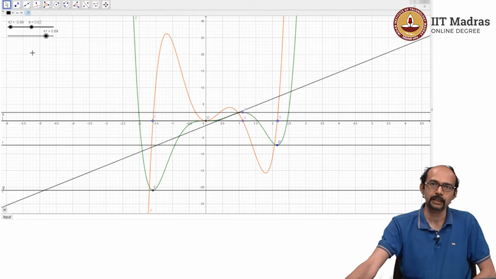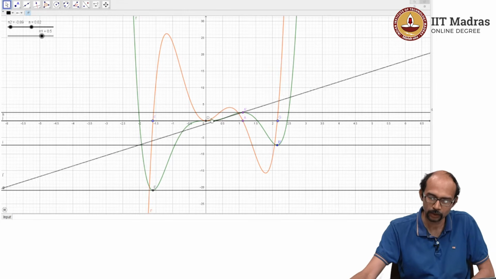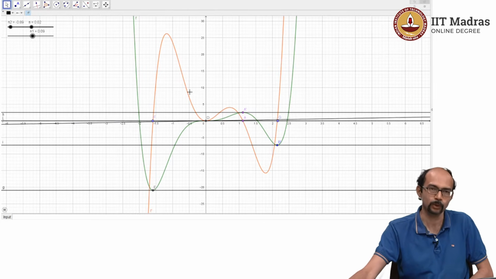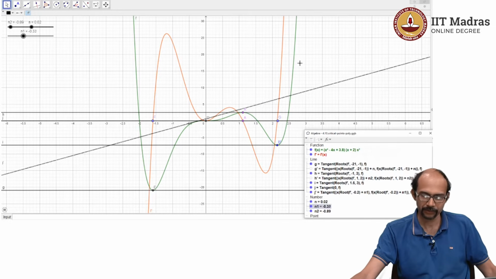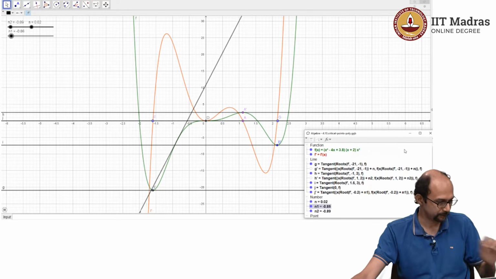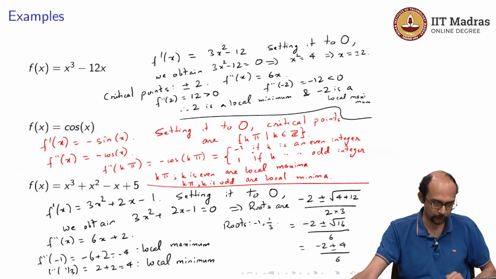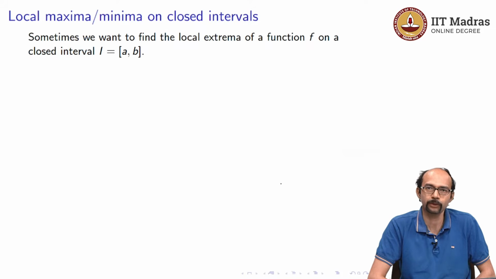So, it is not strictly increasing or strictly decreasing around this neighborhood of 0, and that is why the f double prime over there is 0. I hope these pictures have been illustrative of what we had in mind.